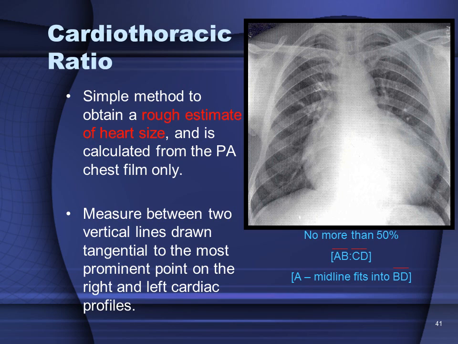Now this gives us a classic goblet shape or flask shape to the heart, and it may be that some of this shape is due to pericardial effusion, and we determine that by comparing the PA view with the lateral view in the same patient.